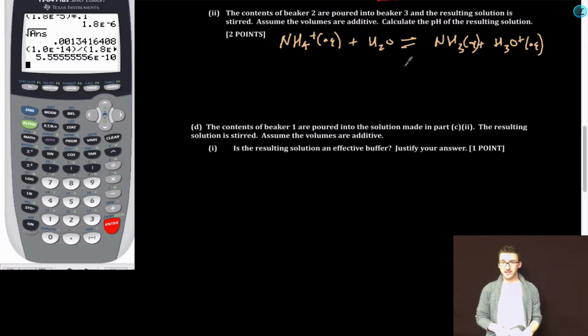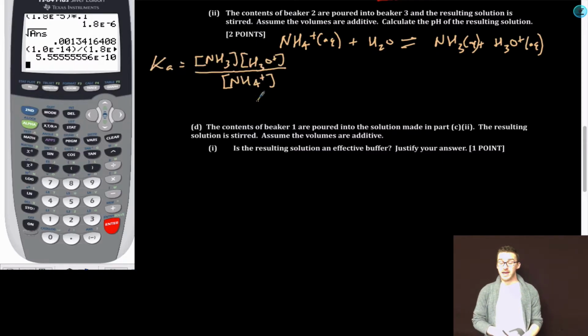Boom. And with any buffer problem, you always want to think about the Ka expression for that buffer solution. Boom. And importantly, when we're working with pH of buffer systems, let's think about how we can rearrange this Ka expression to solve for the hydronium ion concentration.